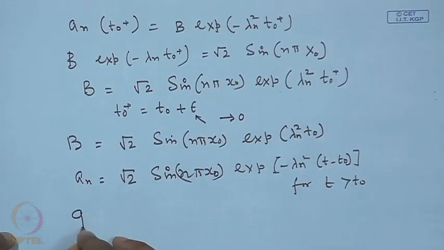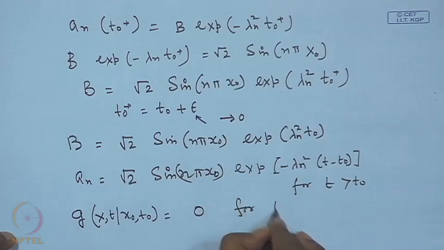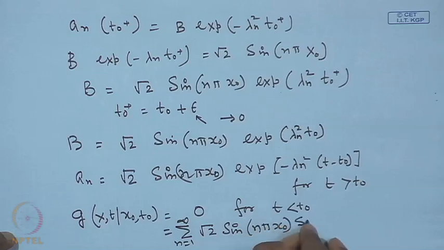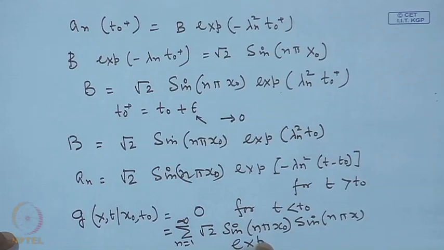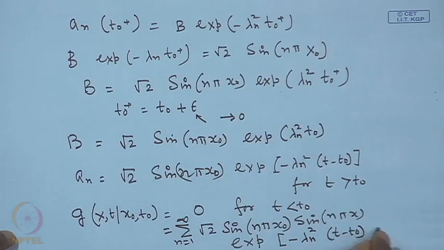We write down the expression of Green's function as g x t x naught t naught is equal to 0 for t less than t naught, and this is equal to summation n is equal to 1 to infinity root over 2 sin n pi x naught sin n pi x exponential minus lambda n square t minus t naught for t greater than t naught.